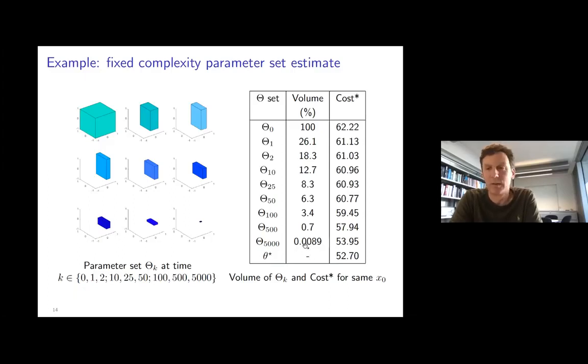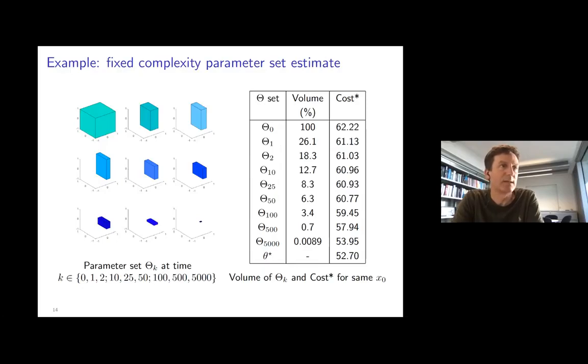And that's basically because of the way that we are updating the parameter set here using the intersection with the unfalsified set. A final point to note here is that these values in this column here are the optimal values for the MPC costs. So here I'm using a robust MPC algorithm based on this parameter set volume, but I'm just fixing the parameter set now and calculating the cost starting from some fixed initial conditions.